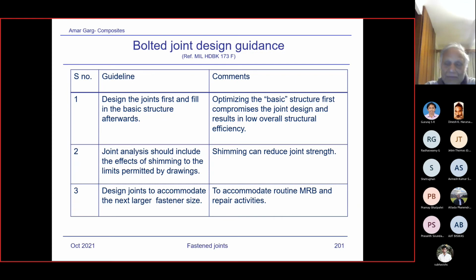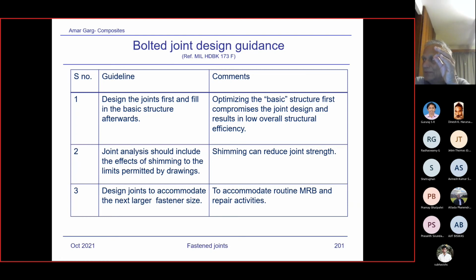But it's again necessary. Design joints to accommodate the next larger fastener size. So what we are trying to say, suppose you are designing the joint for 6.4 millimeter nominal diameter. Okay, we have written the margins, but it is possible during production something goes wrong.